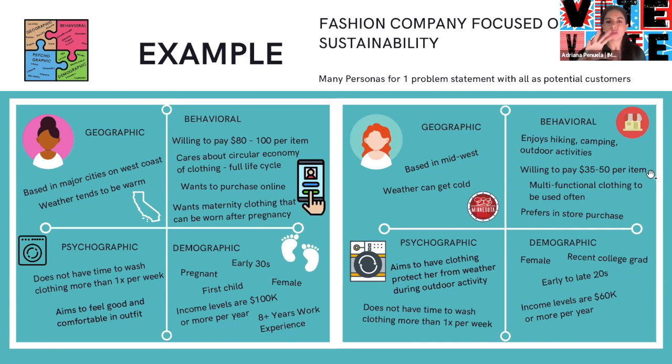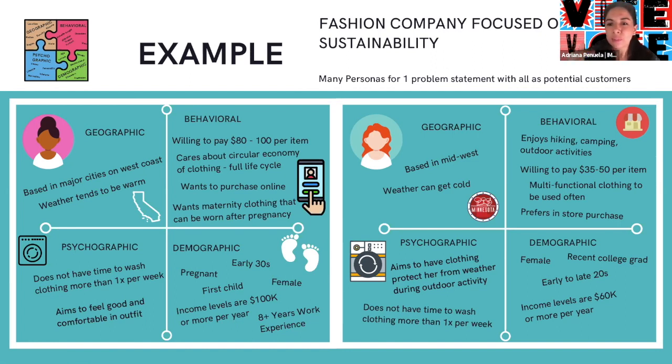So now let's go to the example on the right. This group of women are geographically located in the Midwest. Their weather tends to be colder, so what you design will be for colder weather. In terms of behaviors, they like hiking, camping, they're looking for outdoorsy stuff. They're willing to pay about $35 to $50 per item.